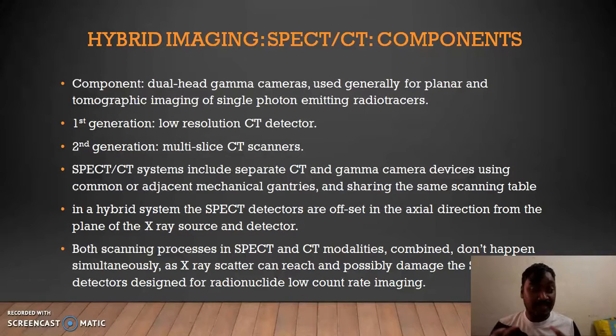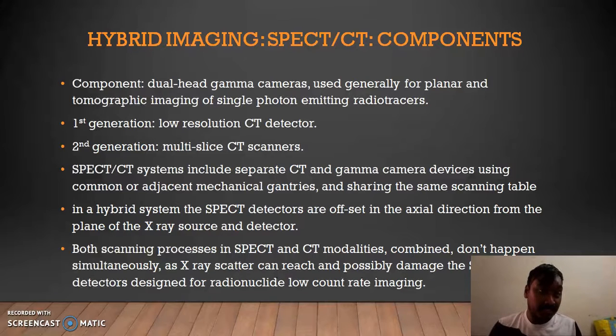The gamma camera comes with a dual head, and it can be angled into 90 and 180 degrees. It is used generally for planar and tomographic imaging of single photon emitting radiotracers.